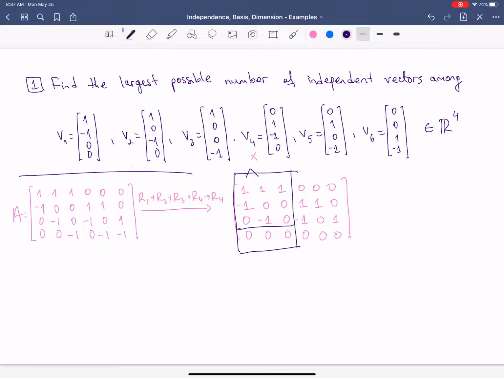So the answer to this question is the largest possible number of independent vectors is 3. So even though we have 6 vectors, we see that v4, v5, v6 can be described by the vectors v1, v2, v3.